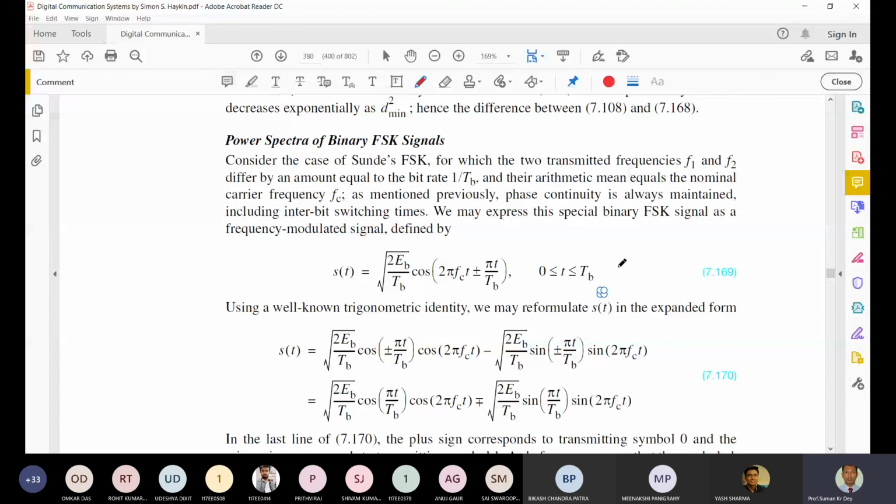So in this case, the frequency changes from f1 to f2 or f2 to f1 after a bit duration of Tb.